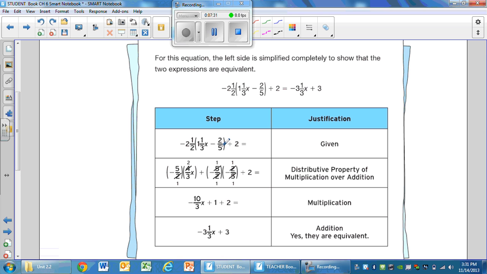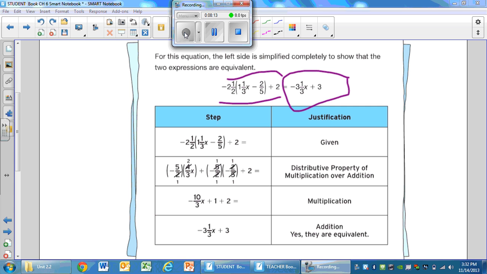The first step is given, so we were given all this left side, and then we can cross reduce and simplify using the distributive property of multiplication over addition. Then we can multiply the two together to get this, and then we use addition, and yes, they are equivalent. So press pause if you need to and take in how we simplified this left side to show that when you simplify it, it does in fact equal the right side.